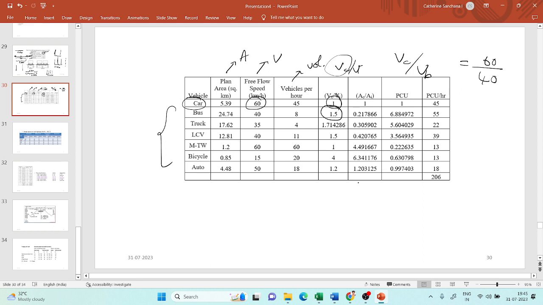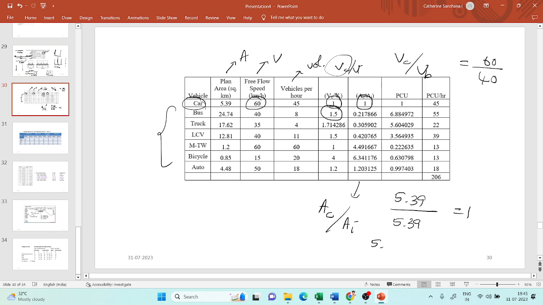Now moving on to the next column, this is projected area of car divided by projected area of vehicle I. So projected area of car is 5.39, and the vehicle I see here, again car, is 5.39, which is equal to 1. So that is why I get 1 here.